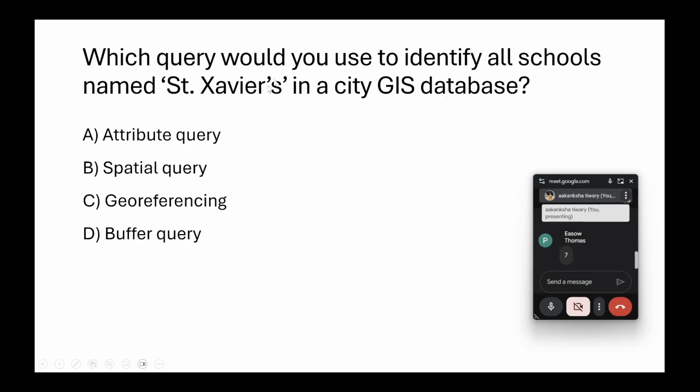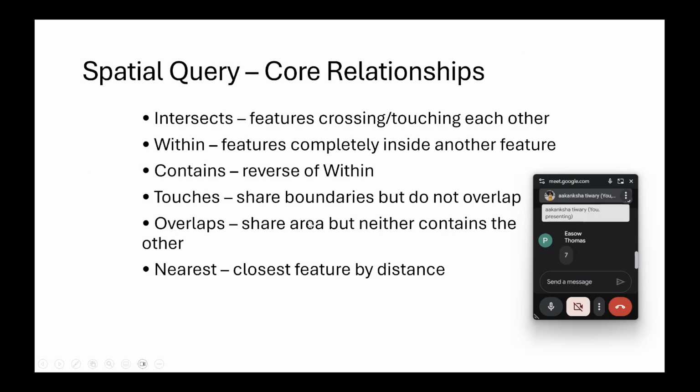Which query would you use to identify all schools named St. Xavier's in a city GIS database? What will you use? Anyone? It will be attribute query.